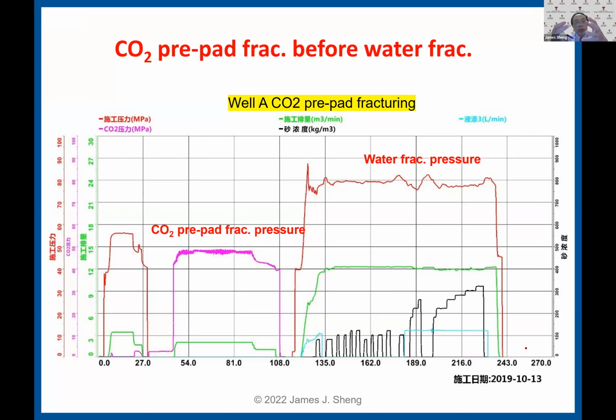So it's easier to bring oil back to the surface, right?